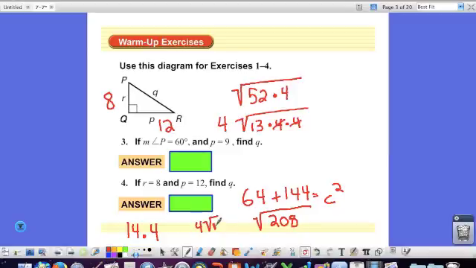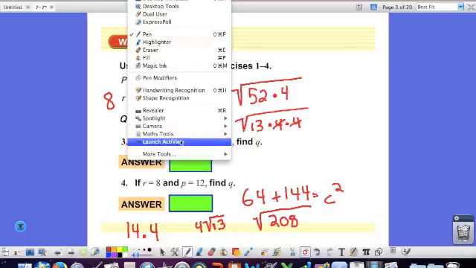Somebody asked me outside of class the other day, what does that actually mean? What that actually means is if you took the square root of 13, which is 3.60555, etc., and multiplied it by 4, you would get 14.42. I'm actually just going to do that on the calculator since somebody asked me.